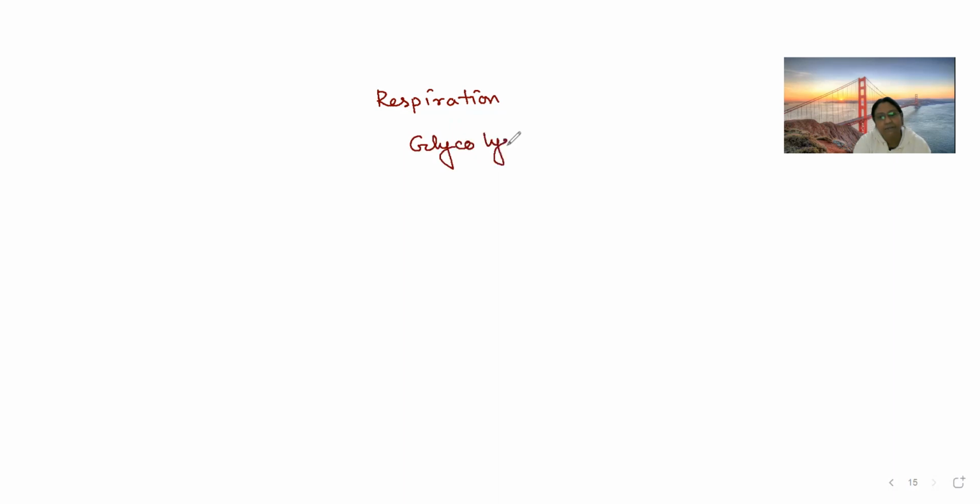glycolysis. Intentionally, I am writing it like this. Actually, if I need to write it, there should not be any gap. But to make you understand, the meaning of glycolysis is glyco means carbohydrate and lysis means breakdown. Alternatively, it is known as EMP pathway. Why do we call it EMP pathway?